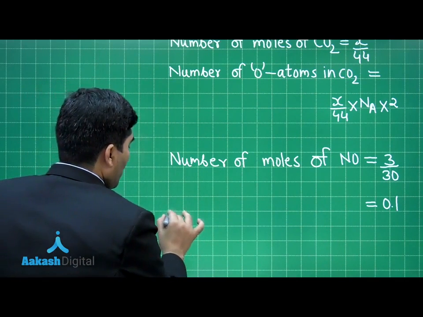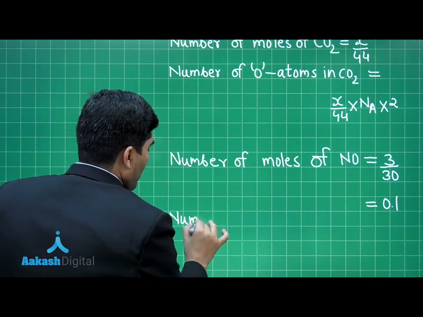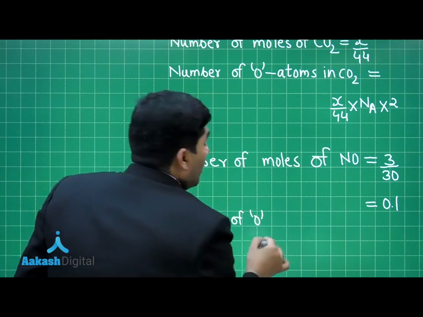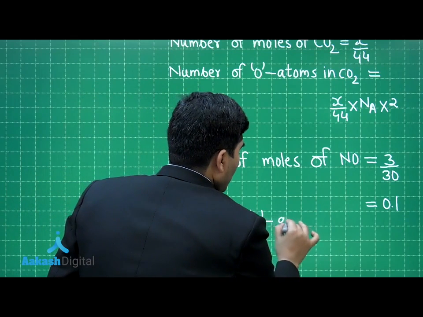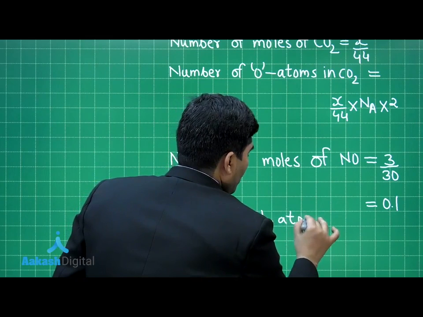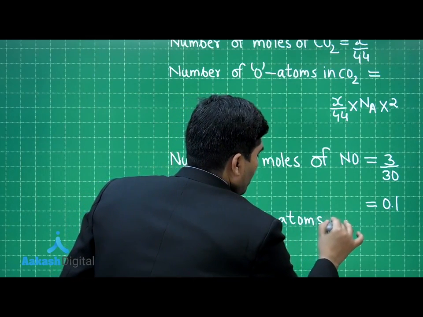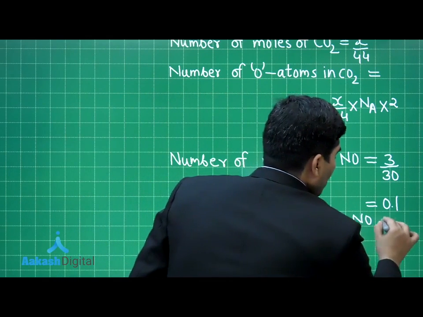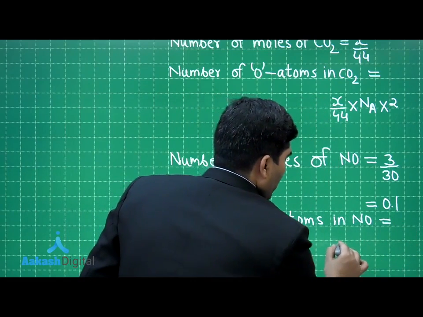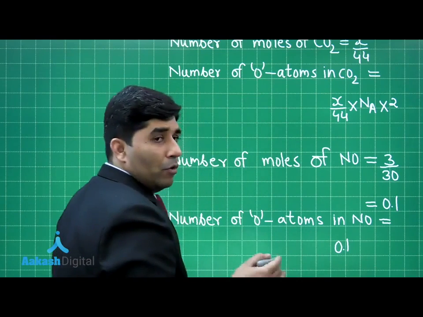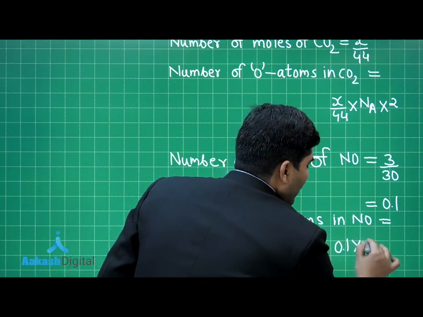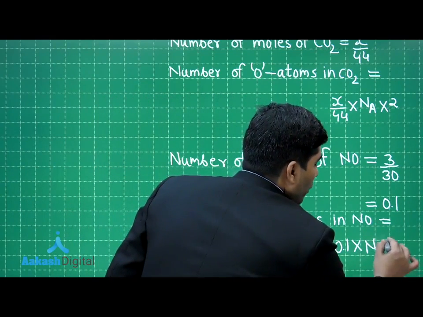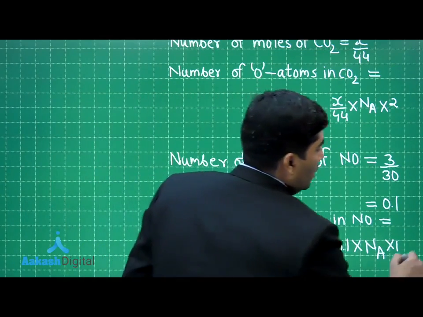The number of oxygen atoms in NO will be equal to 0.1, that is the number of moles of NO. If we multiply it by Na, that will be the number of molecules, and into 1, that is the number of oxygen atoms.